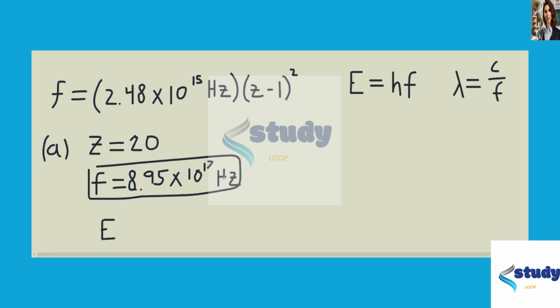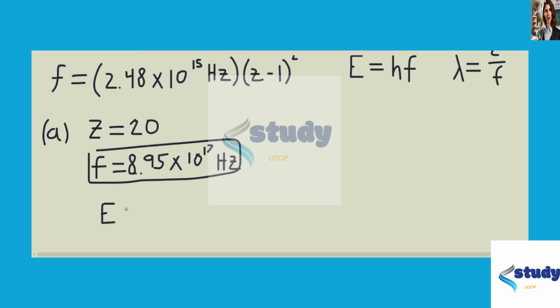So now that we know frequency in units of hertz, we can calculate the energy, because E is equal to Planck's constant times the frequency. Planck's constant is 4.136 times 10 to the minus 15 electron volt seconds. So this gives 3.7 times 10 to the 3 electron volts, or 3.7 keV.